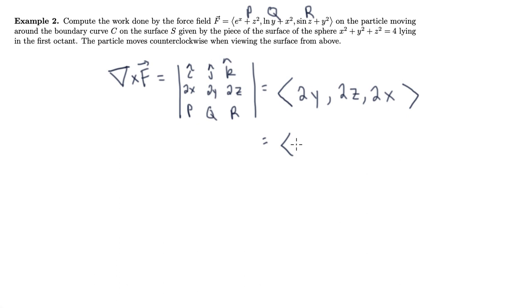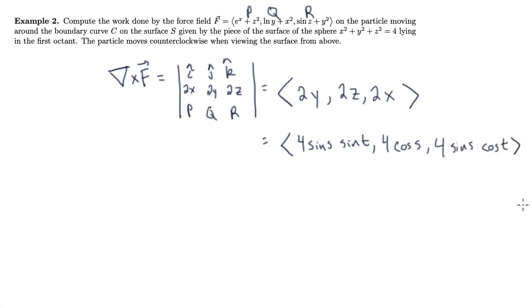So this is going to be 2 times 2, so 4, this will be sine s sine t, and then this will be really 4 cosine of s, and then this will be 4 sine of s cosine of t.